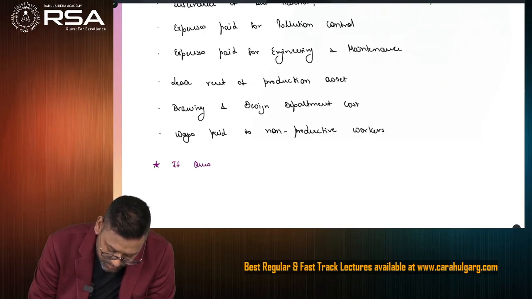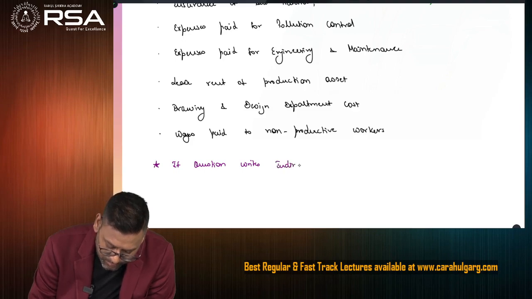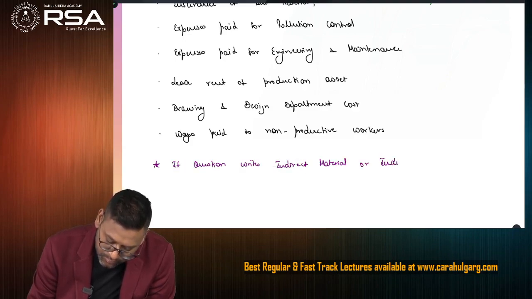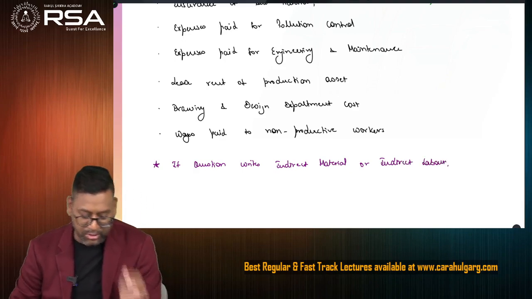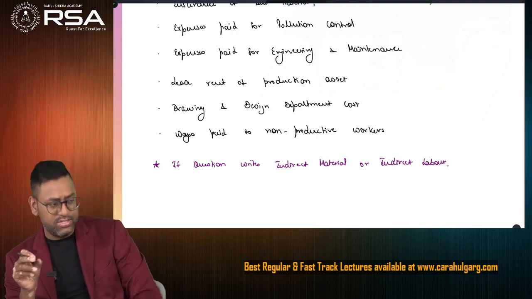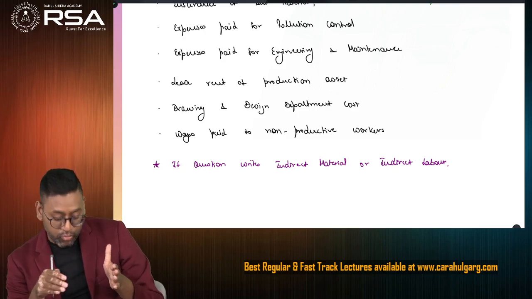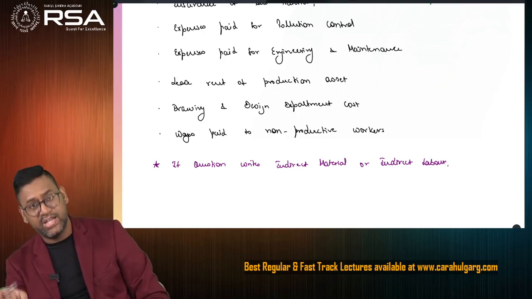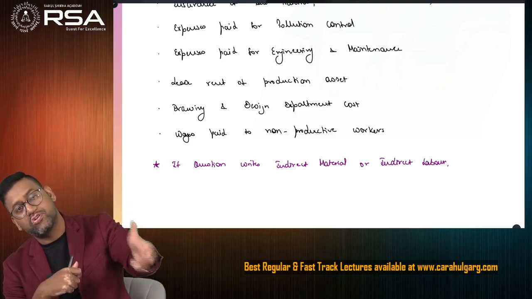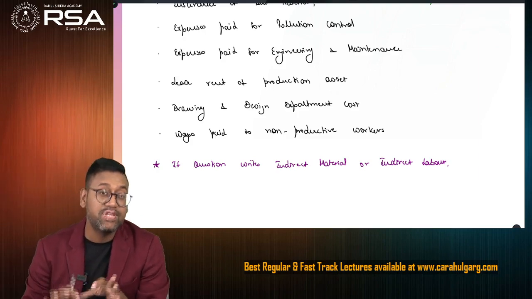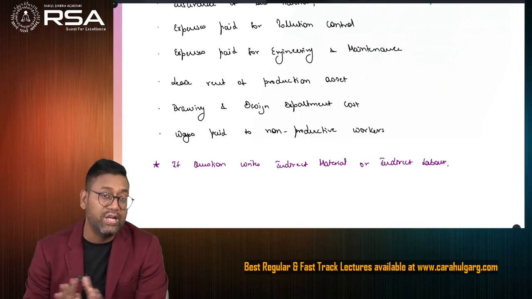If the question writes indirect material or indirect labor, and has not given any hint, we know that indirect material, labor, or indirect expense can be further divided into production, office, or selling and distribution. But I'm saying the question has not given any clue at all.